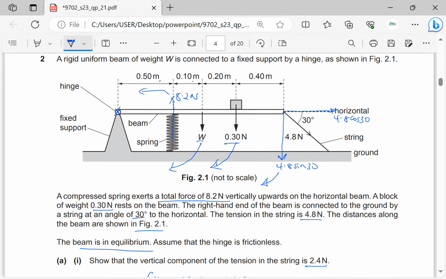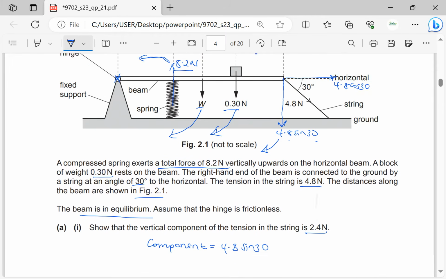I have 0.3, its perpendicular distance is 0.2 plus 0.1 plus 0.5. I have 4.8 sine 30, its perpendicular distance is 0.4 plus 0.2 plus 0.1 plus 0.5. The one causing anticlockwise moment is 8.2 newtons, its perpendicular distance is 0.5.